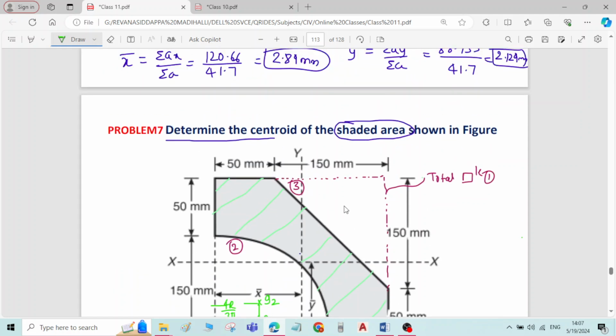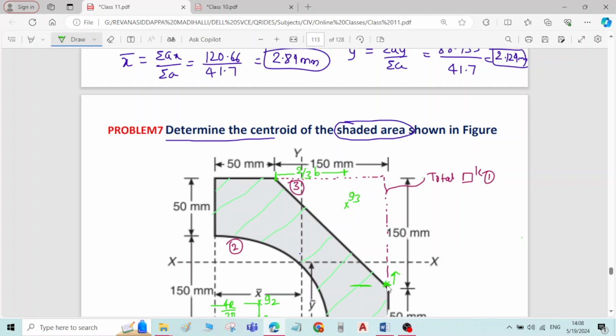Then if I take G3 as the centroid of the right angle triangle, the distance of the centroid is coming from this point. So x bar is 2/3 of b, and the y bar formula is again 2/3 of h, because the distance is coming from the point.